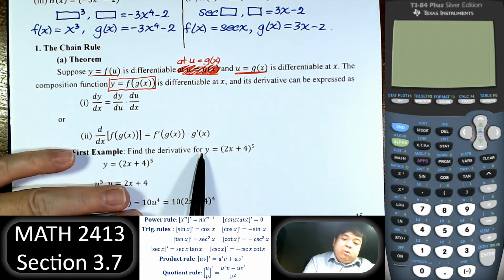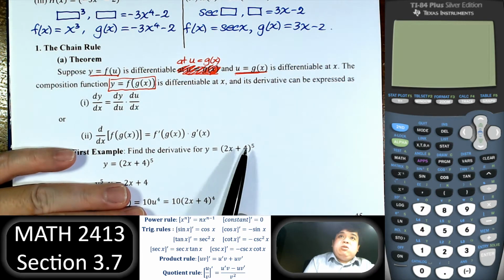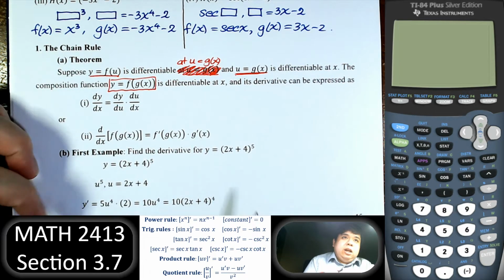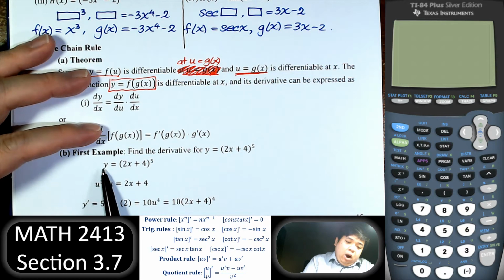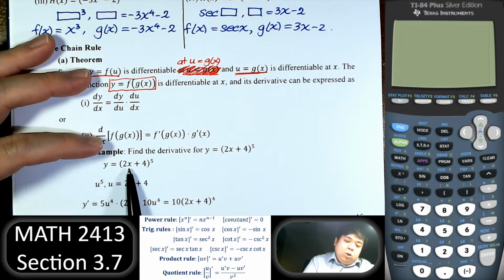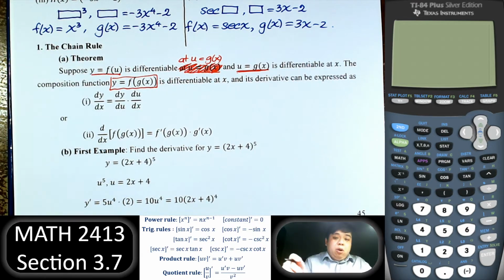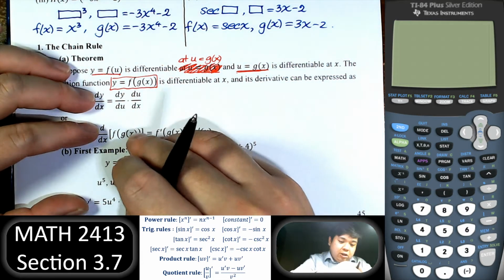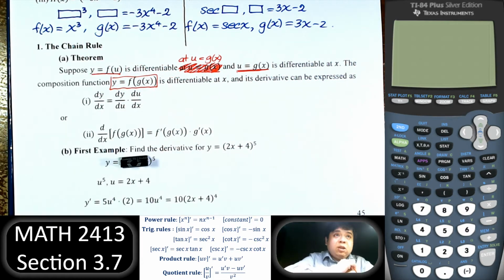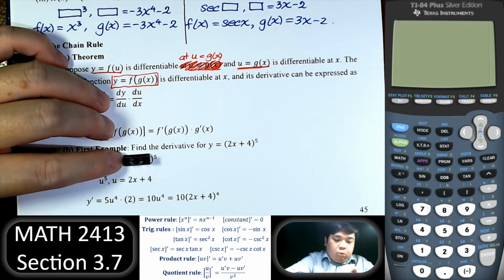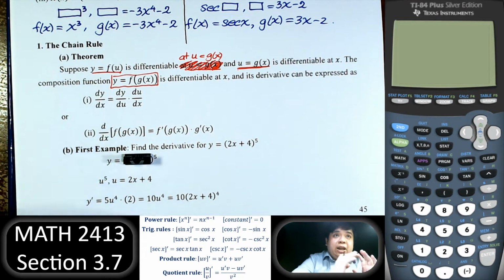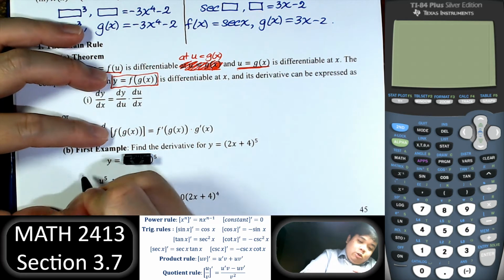Right, so find the derivative of y equal to (2x plus 4) to the 5th power. So first, y equal to (2x plus 4) to the 5th power. If we want to decompose this into two functions, we're going to have something to the 5th, and then that something is 2x plus 4.